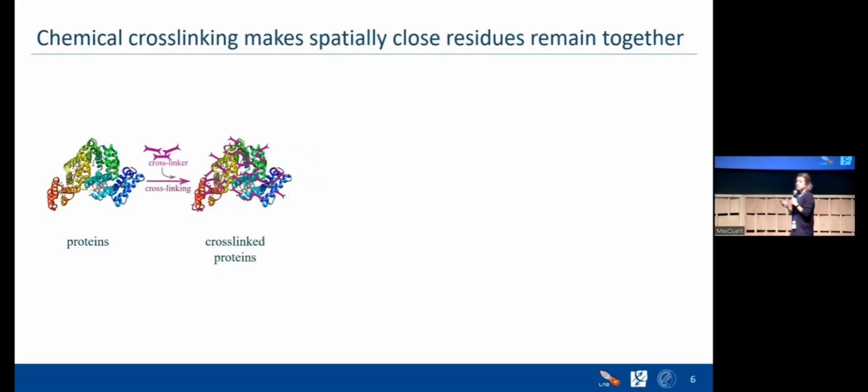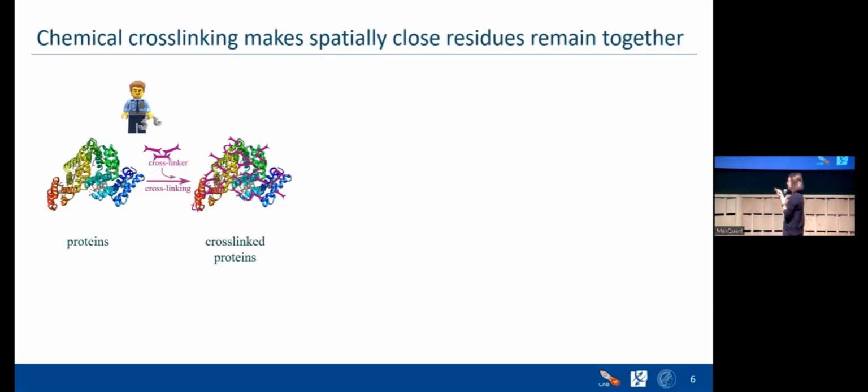So now let's talk about the chemical crosslinking. Here I say that chemical crosslinking makes spatially close residues remain together. And here come my Lego police officers with the handcuffs, because these crosslinkers are like handcuffs. If there are any close residues within this protein, the crosslinker will make sure that they remain intact, they remain together.